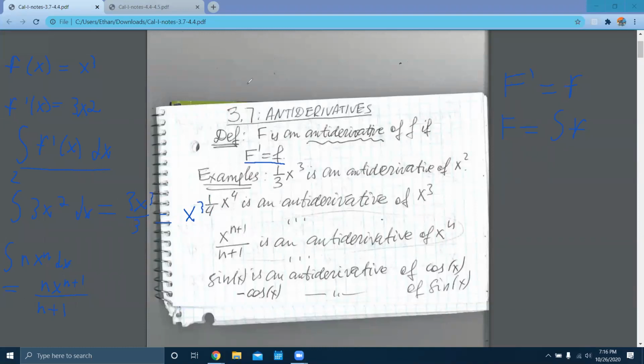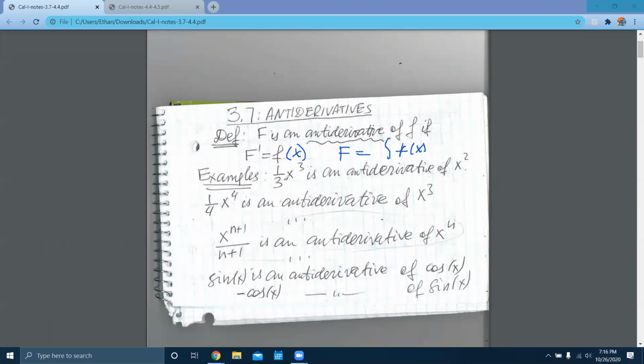So that's a brief overview of what an antiderivative is in respect to the power rule. So here you can see capital F is an antiderivative of smaller function f. I'm going to call this f of x to make it easier for notation. So we have that F prime is equal to f of x. When it wants just straight F, it wants you to take the antiderivative of f of x.